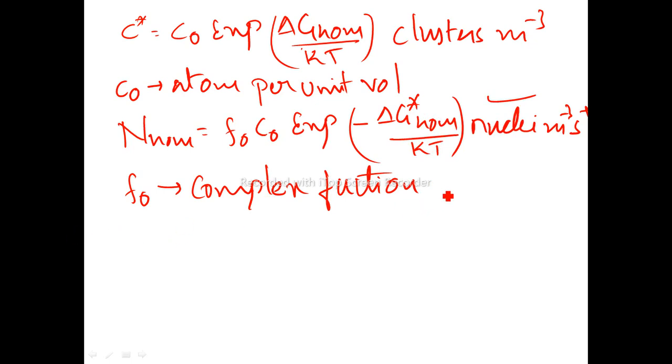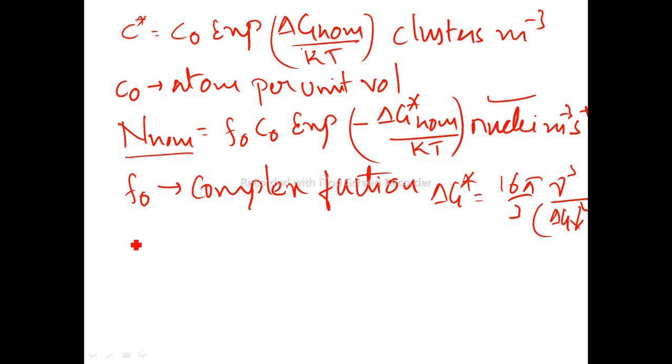Delta G star, as we know, is 16 pi by 3 surface free energy whole cube divided by delta GV whole square. This expression can be substituted here and we can get the relationship between the rate of homogeneous nucleation and the undercooling.